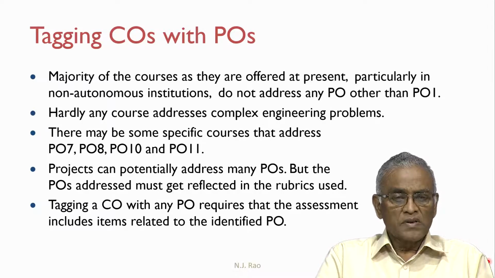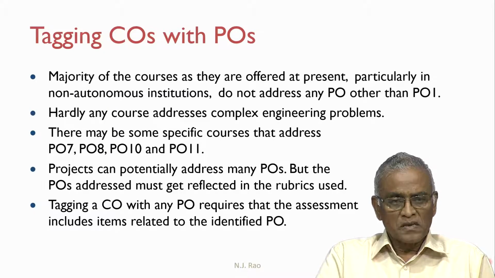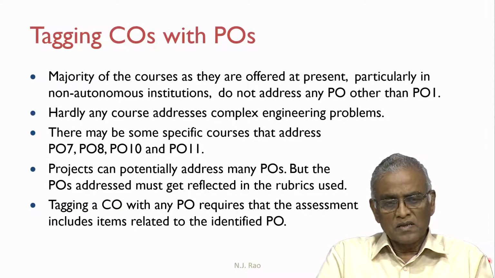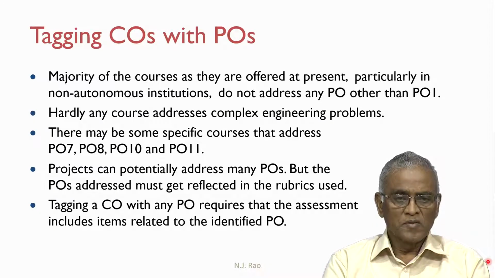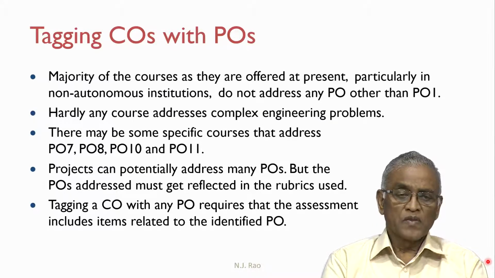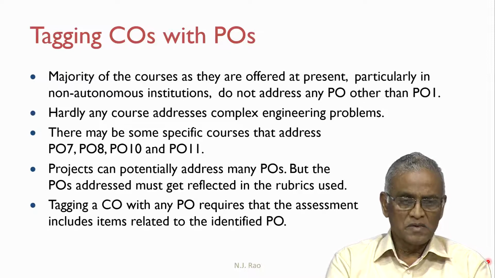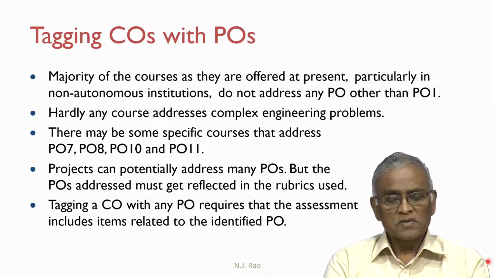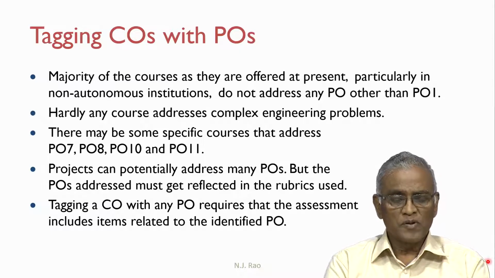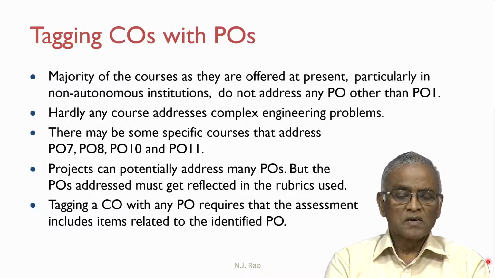So, what can happen is, if whatever you have written as a CO addresses a wide range of POs, then if I take the assessment instrument, which happens to be the main instrument, the end semester examination, a quick evaluation of the end semester exam paper will tell us whether the designated POs are addressed or not.